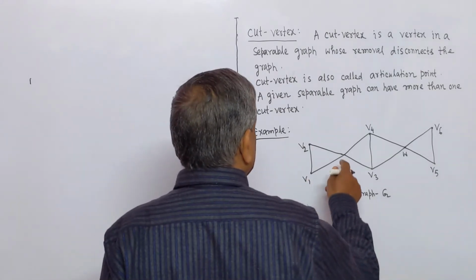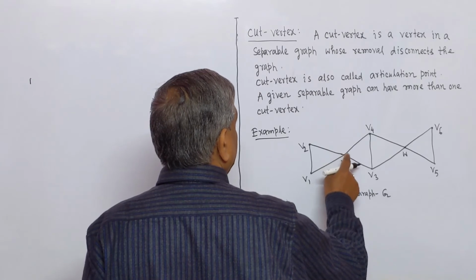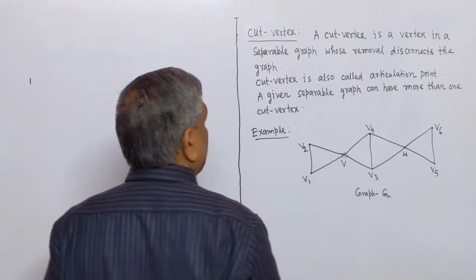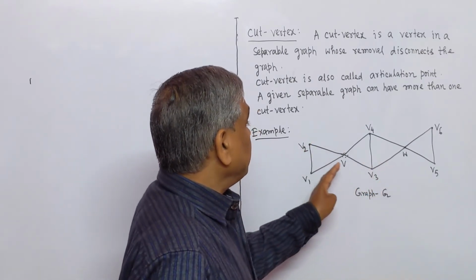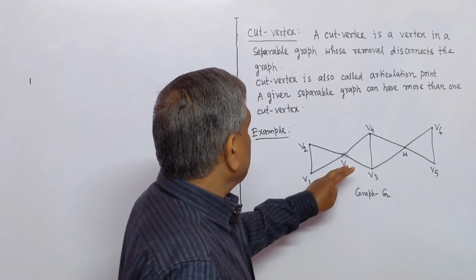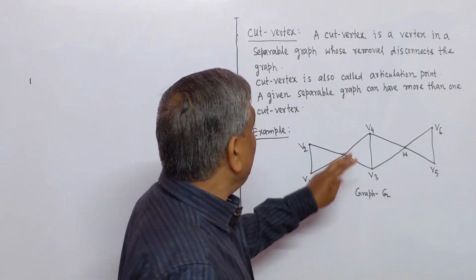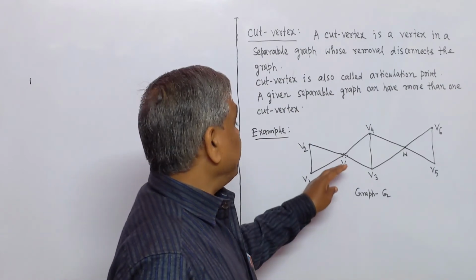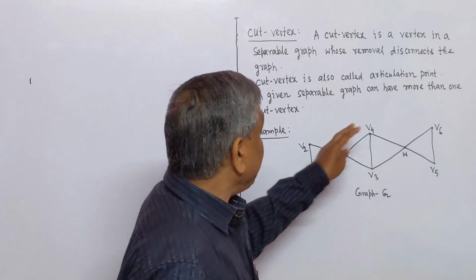Here we see that if we remove vertex V, then the graph is changed into two disconnected graphs. Therefore, the vertex connectivity of this graph is 1. And therefore, this graph will be called a separable graph.